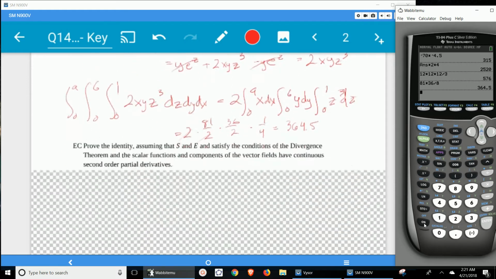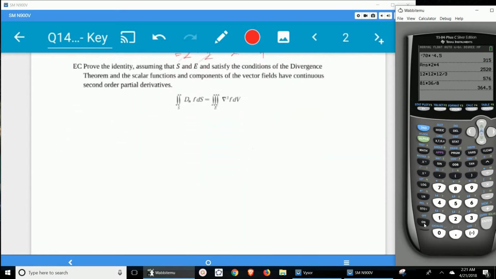Okay, then there was an extra credit problem. Need to show that these things are equal. So I'm going to start with the left-hand side. So this is the directional derivative. If you remember, and this is in the direction of the normal vector.